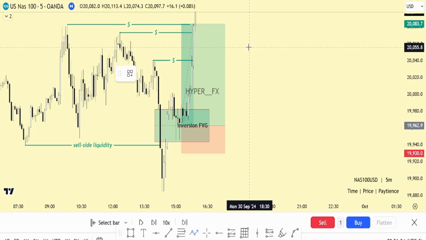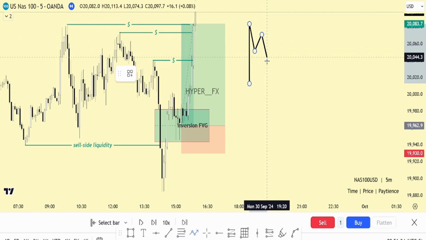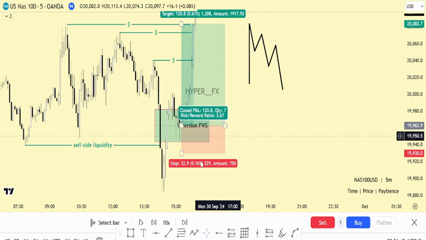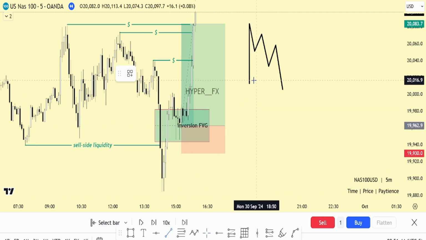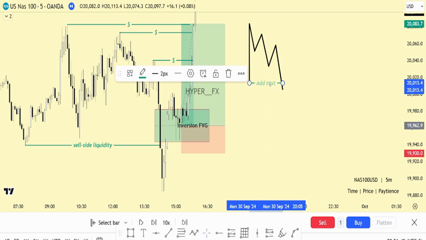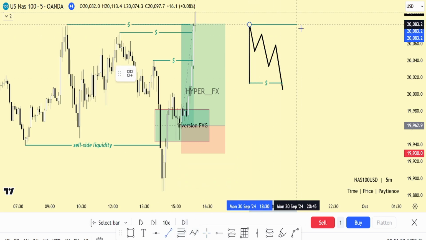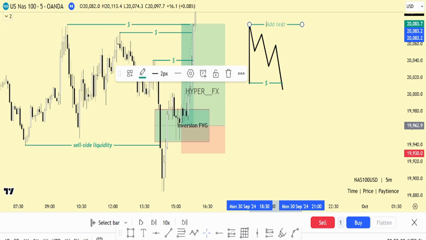So for a relative equal high, we are looking at a low and a high, whereby the high has not been taken but the low has been taken and disturbed right here. So being that this low has been taken, I'll give it a dollar sign. This high is open, it is a relative equal high.